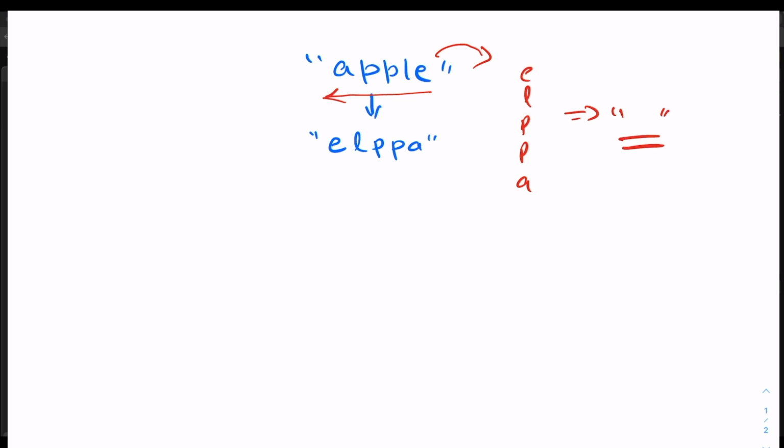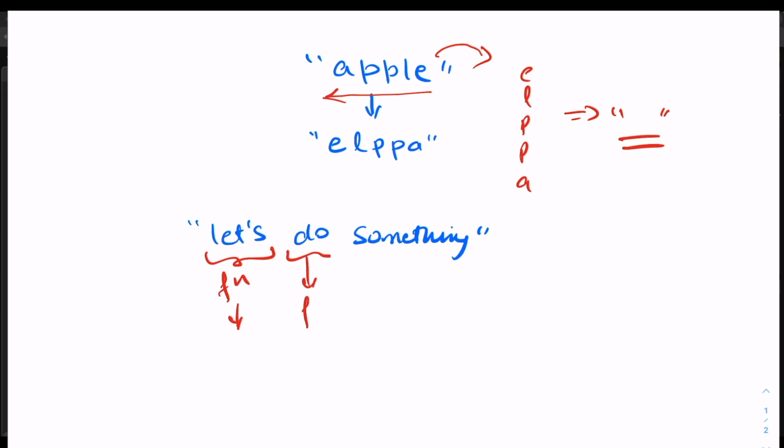In this case, we actually have a long string. So how can we do that? We can create a generic function that will convert each word, and then we can just join them.